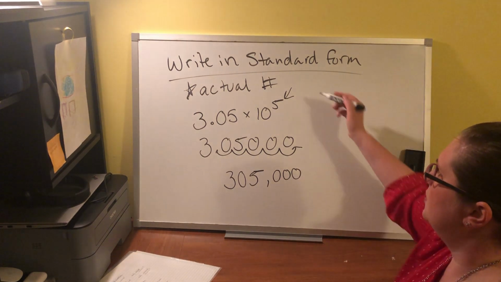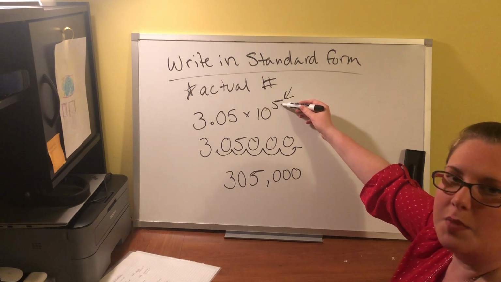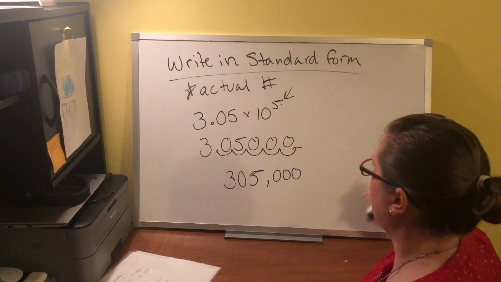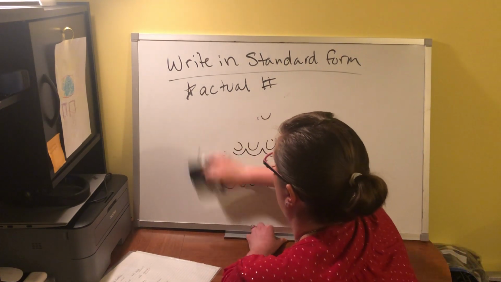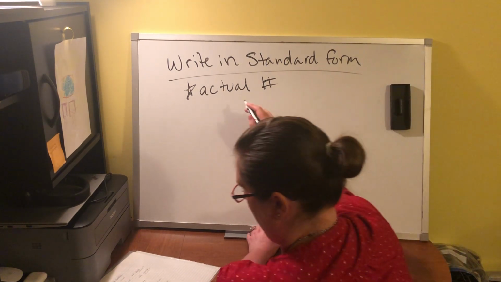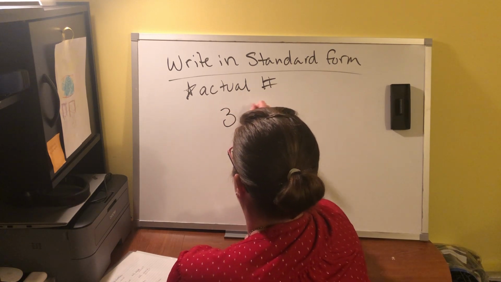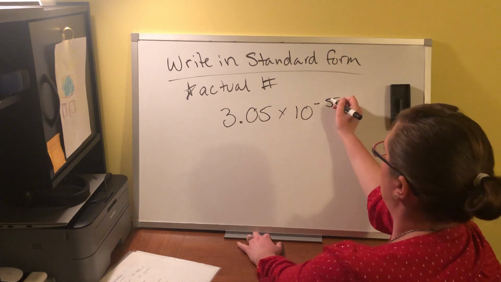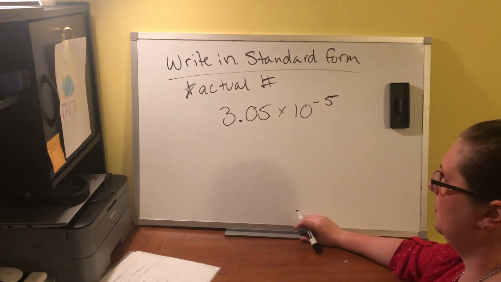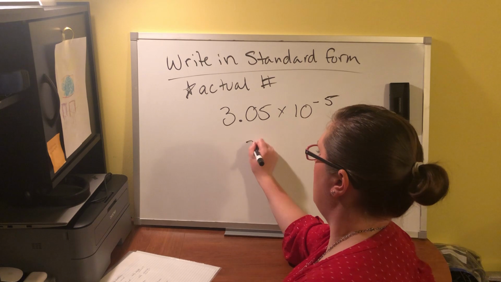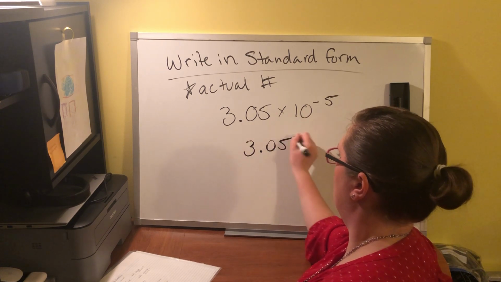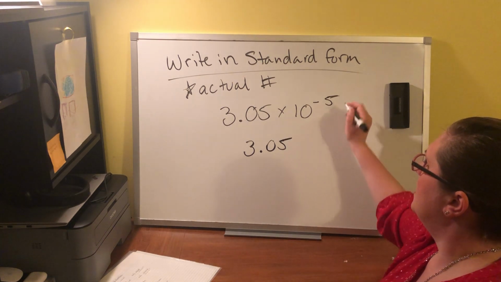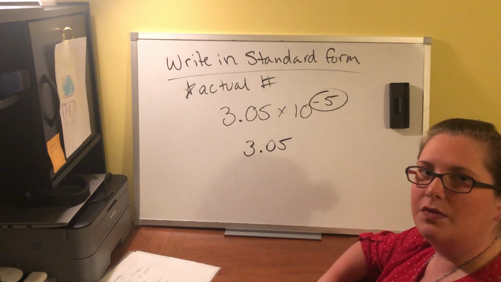So you need to pay attention to the exponent. If it's positive, you're moving it to the right. All right, let's look at one with a negative. Let's do 3.05 times 10 to the negative 5th this time. Okay, so once again, you're going to start out with your decimal. They gave you the 3.05. Now this time, the exponent says a negative 5.